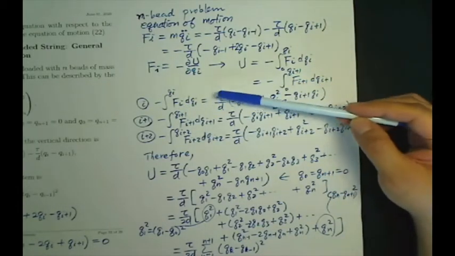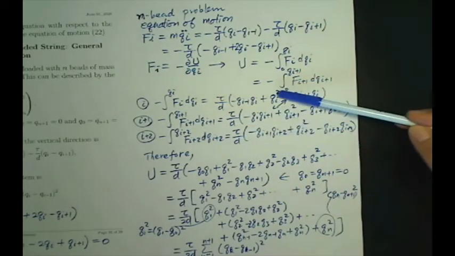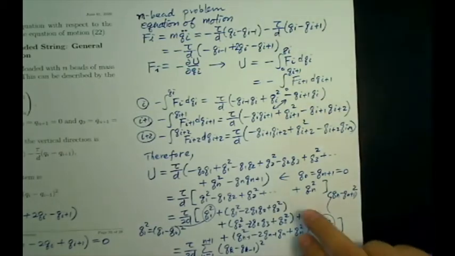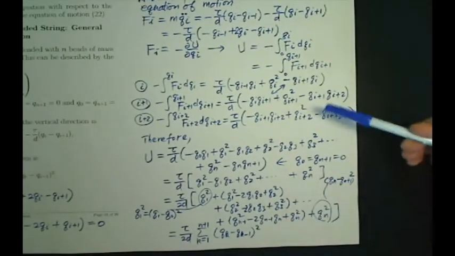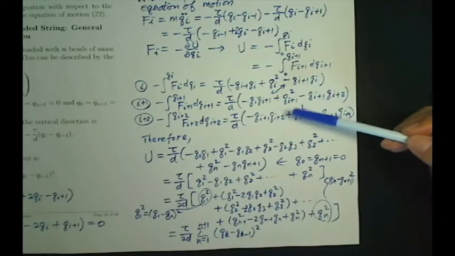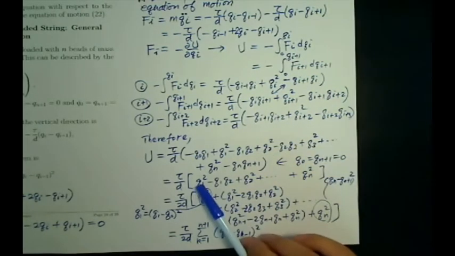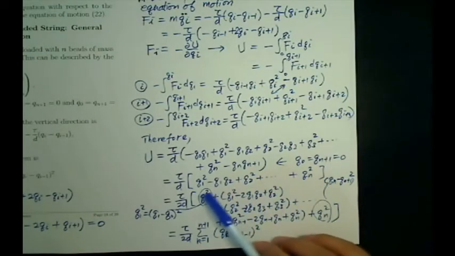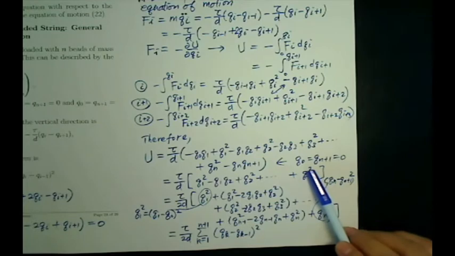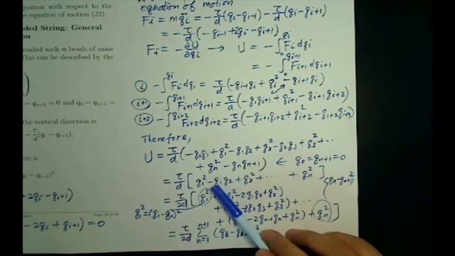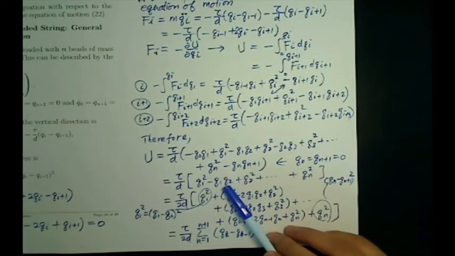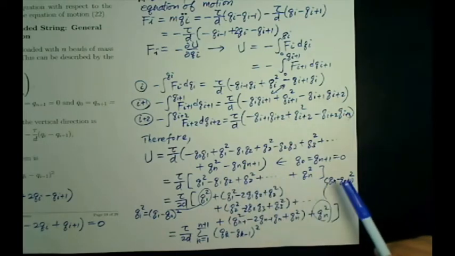Those relations can be obtained for the various cases. In order to satisfy all these conditions altogether, what we really find is every q squared from the beginning to the end, and everything with the minus product of two adjacent coordinates, so q1 q2, q2 q3, and so on.